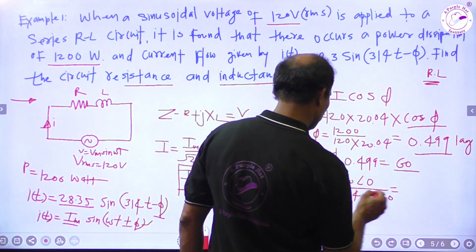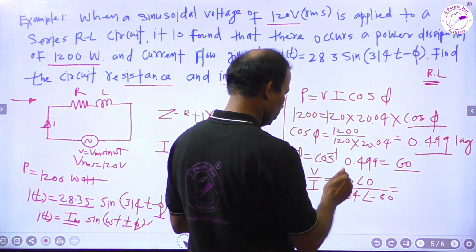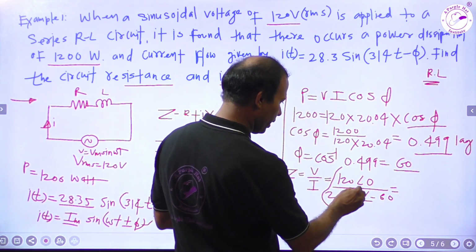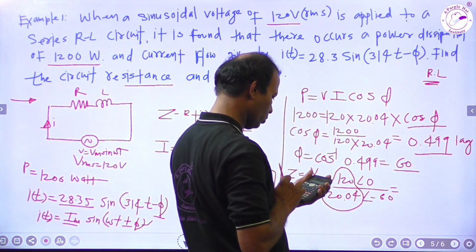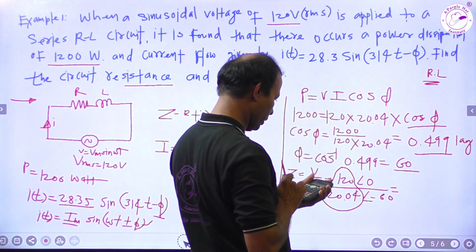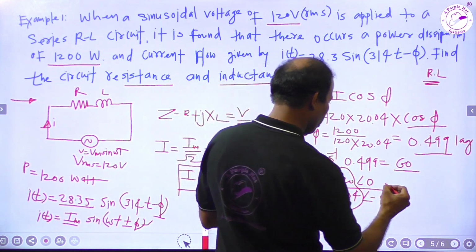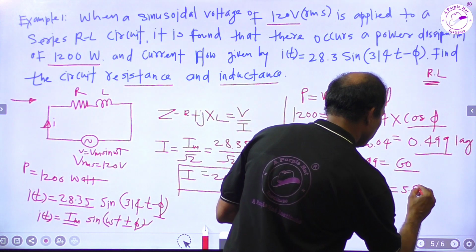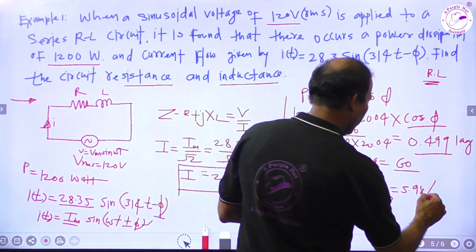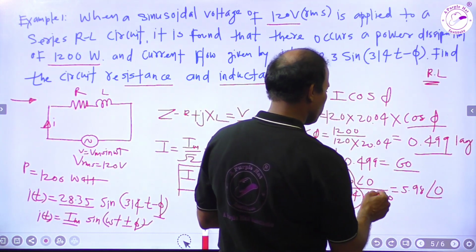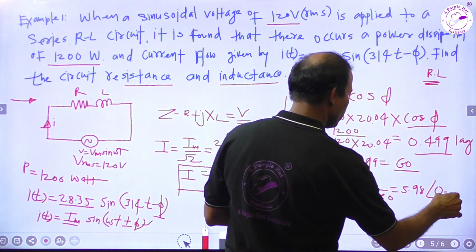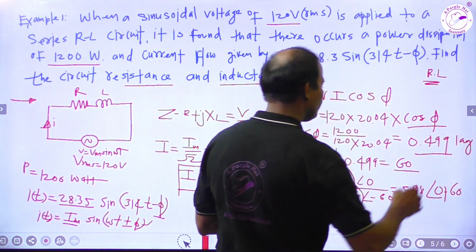Now for the solution, I will make the division of this entire term, 120 divided by 20.04, which is 5.98 angle, 0 minus minus 60, which becomes plus 60.